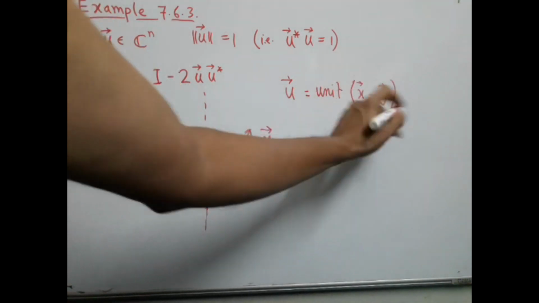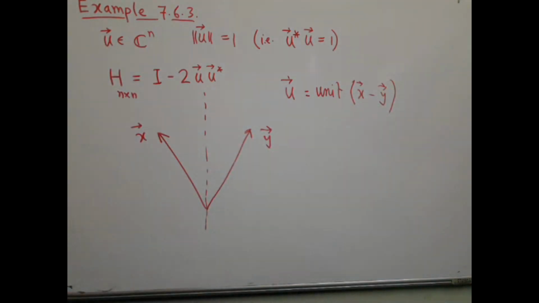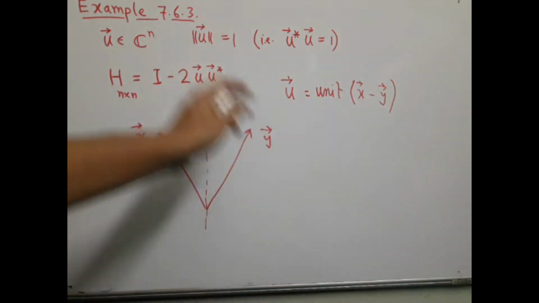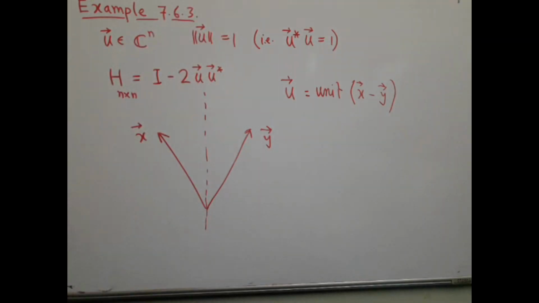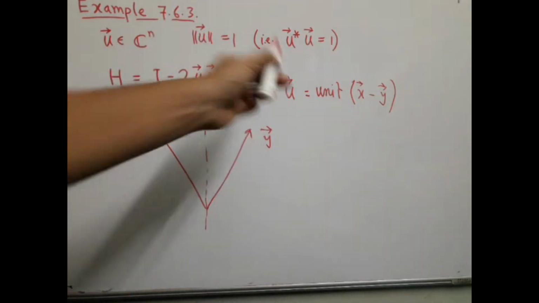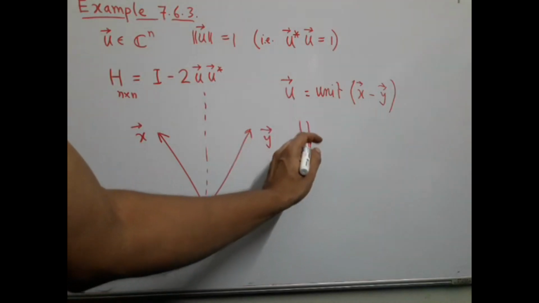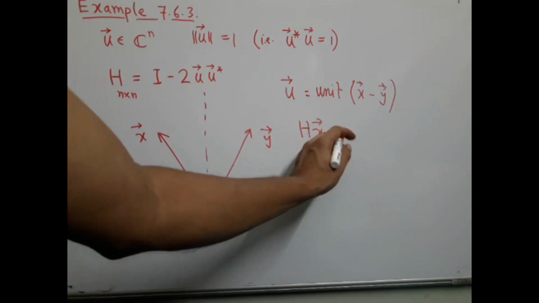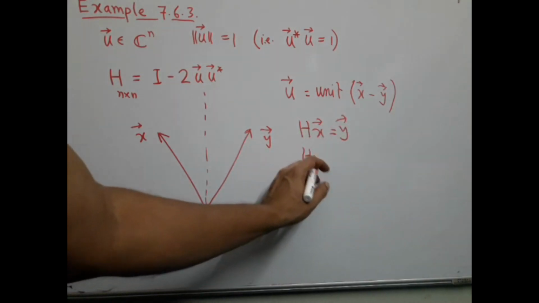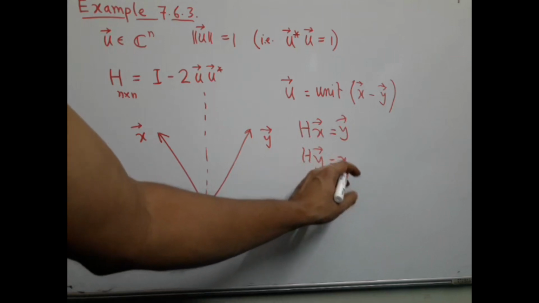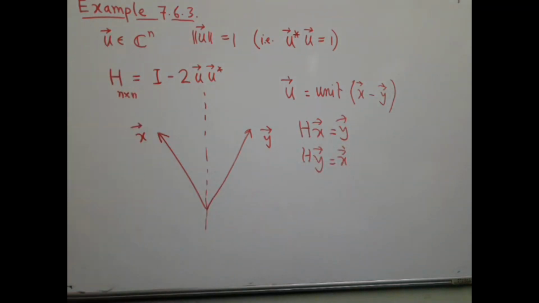So you take x minus y divided by its norm, and then you get a unit vector, so it satisfies this condition, and then you define H using that, and you will very easily see that if you take u like this, then Hx equals y and Hy is actually equal to x. And since it's a unitary matrix, it is basically rotation or reflection. In this case, it is more like a reflection, but of course in higher dimension, it is difficult to say what is rotation and what is reflection.